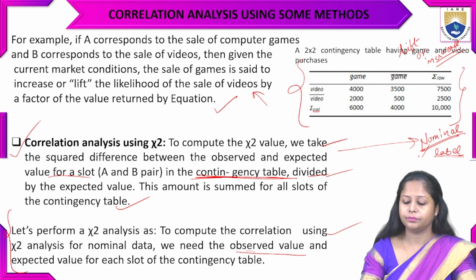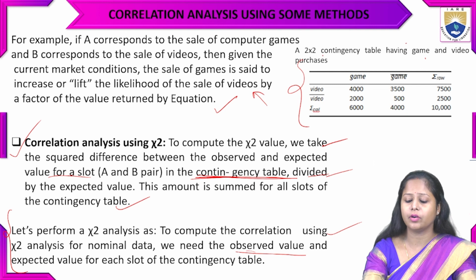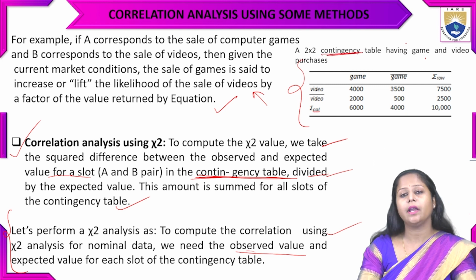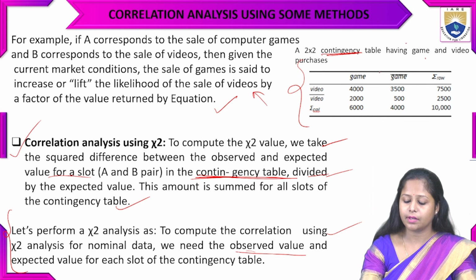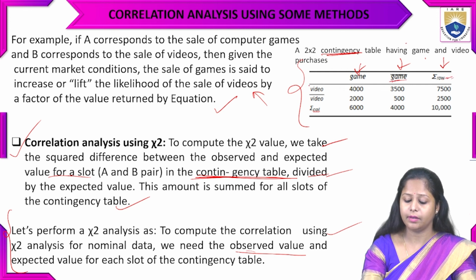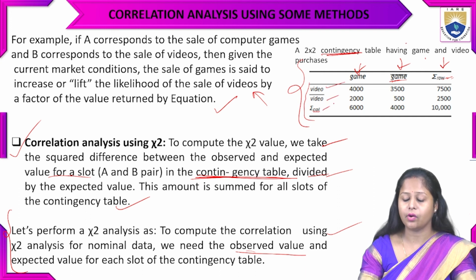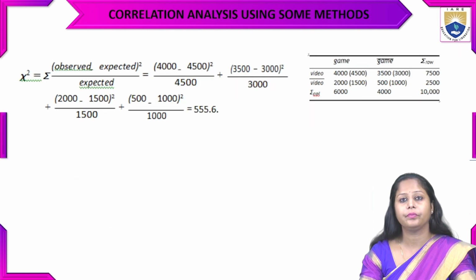The table was the 2x2 contingency table having the game and video purchases, with the game row and summation row, and the video column and summation column. That was the 2x2 contingency table.